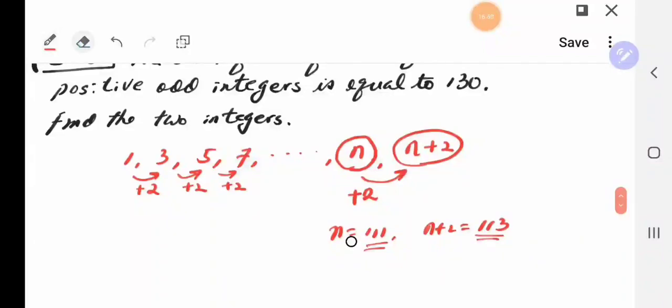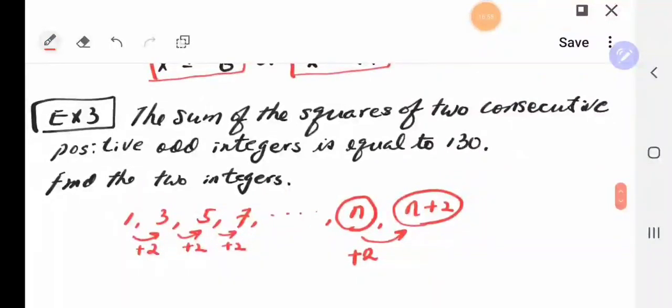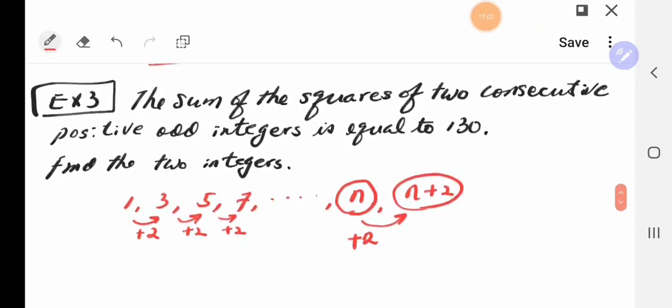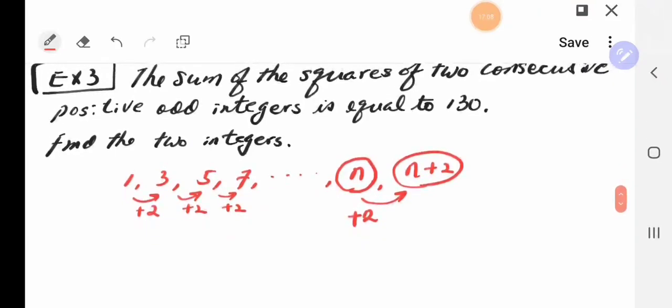So n is the first positive odd integer, and n plus 2 will be the second positive odd integer. We want to make a sum of the squares of these two. So the equation will be this: the sum of the squares of the first odd integer and the second odd integer should be equal to 130.